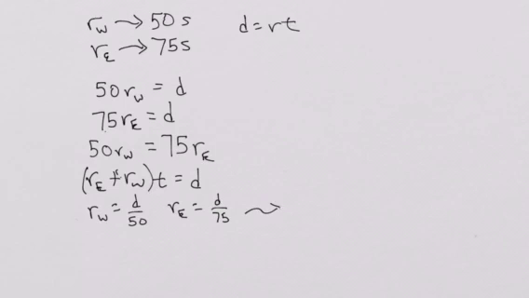And putting those two together, I'm going to get R sub W, which I'm going to call D over 50, plus R sub E, which I'm going to call D over 75.